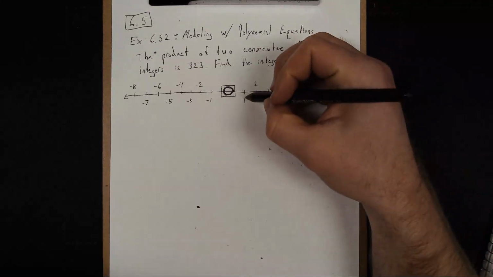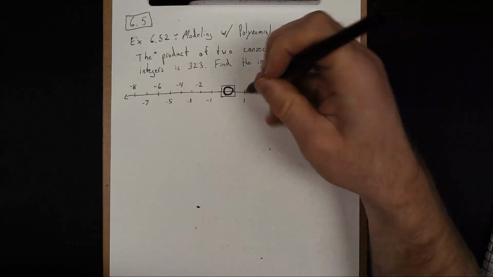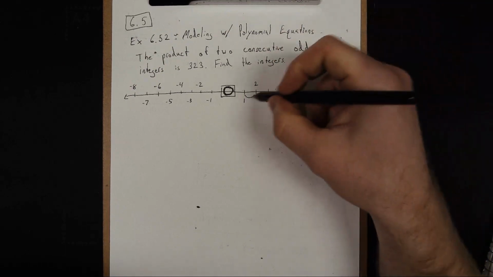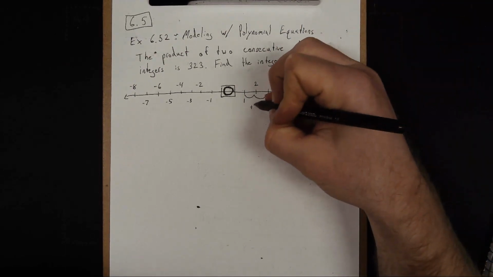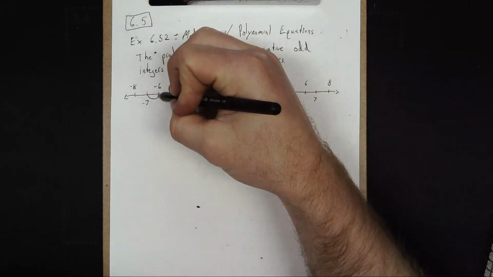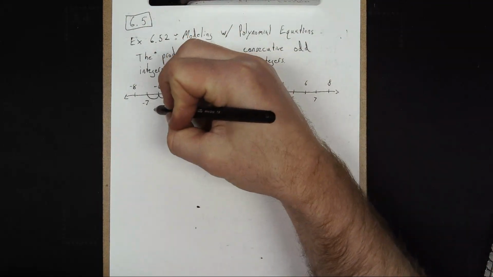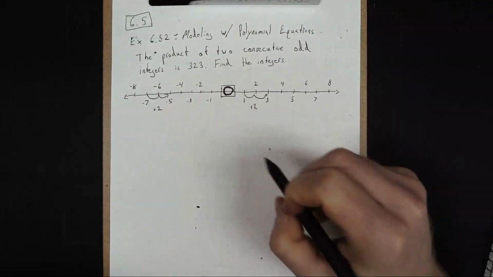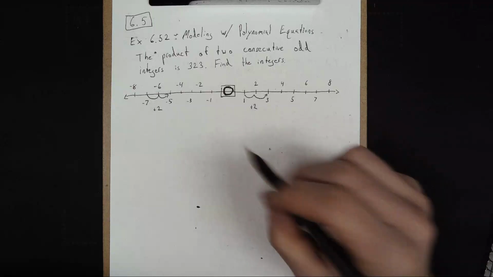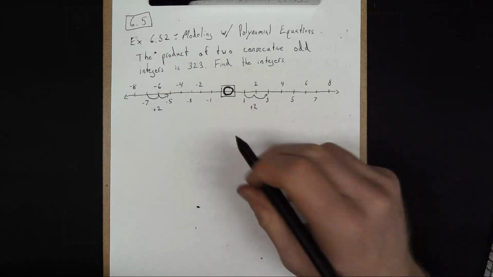If I start at 1 and I want to get to 3, what did I do? I added 2. How about from -7 to -5? I added 2. So we see a pattern here, right? For consecutive odd integers, all you do is add 2 to get to the next integer.